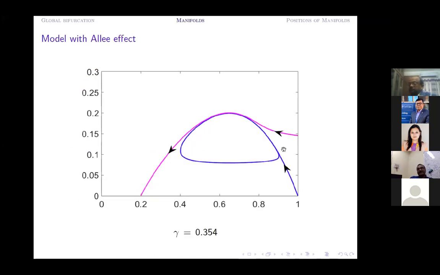Now, why is this important? This is important only for the purpose of numerical simulation. So how have I obtained this particular orbit? I have chosen a point which is very close to the point (1, 0). How to do that?